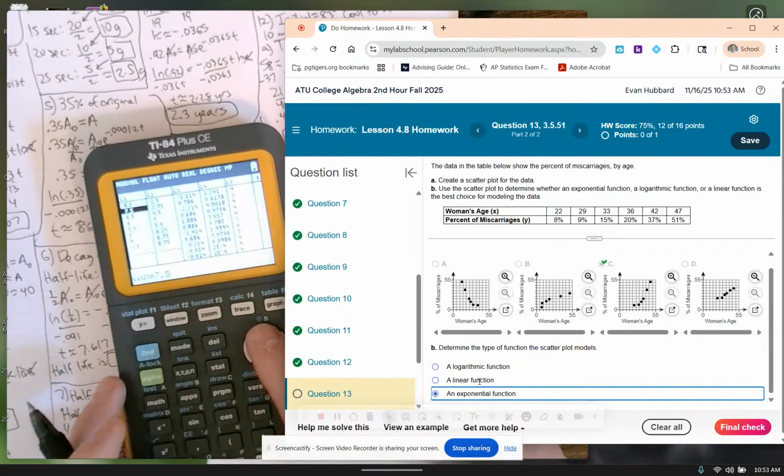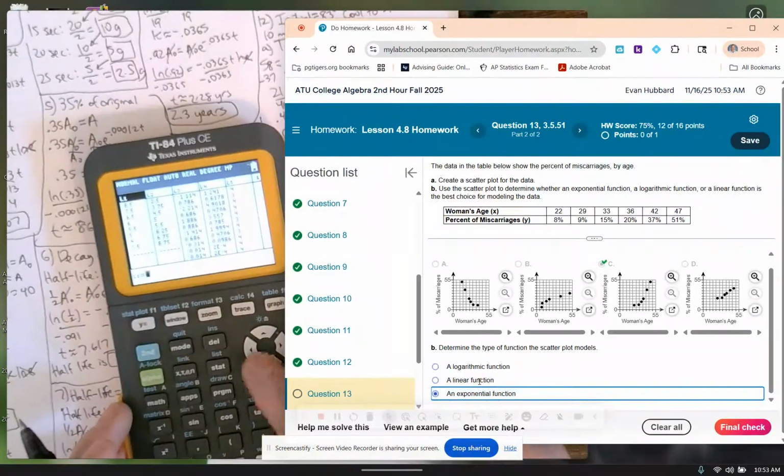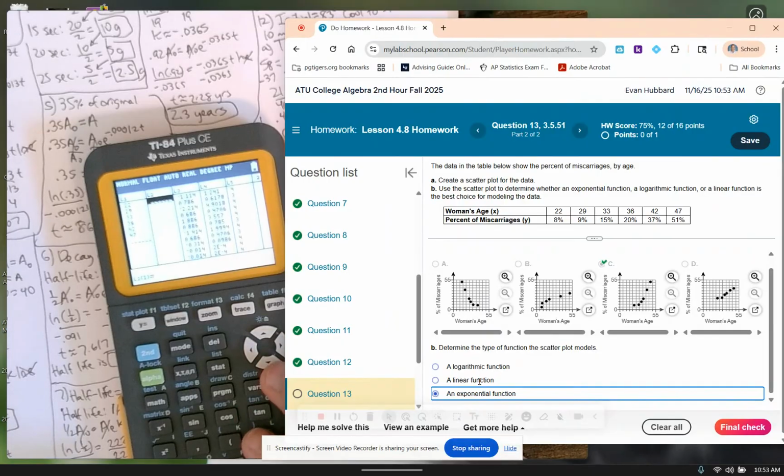Sorry about that, had some problems getting this clear. I'm thinking it's going to be exponential. I'm pretty confident, but you never know. Regression, doing the R values and looking at those, it definitely looks exponential to me, but it's probably going to have a high R value with the linear one as well.